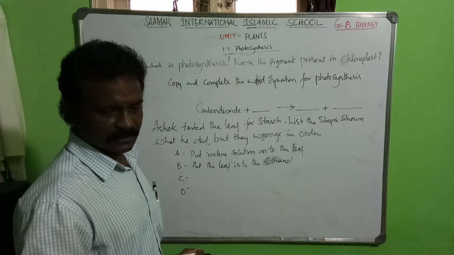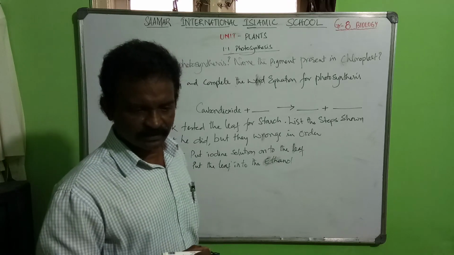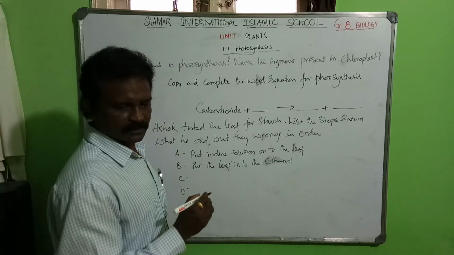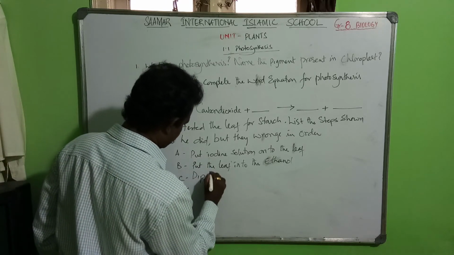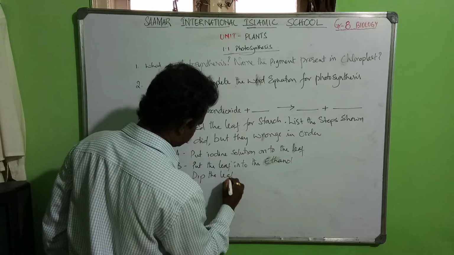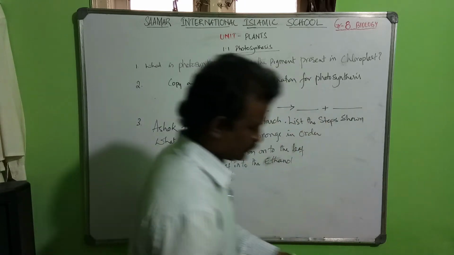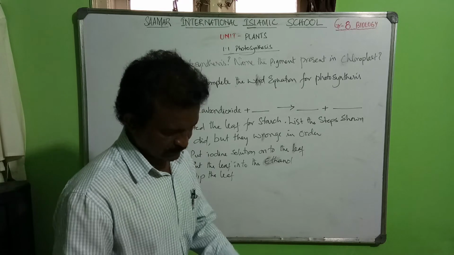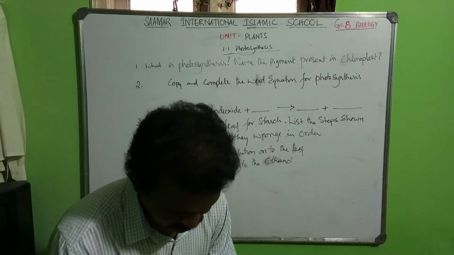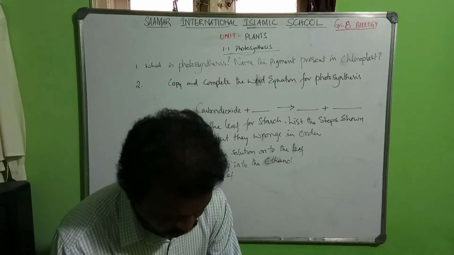Next is C: Dip the leaf into water to soften it. I think it is there in the textbook also.